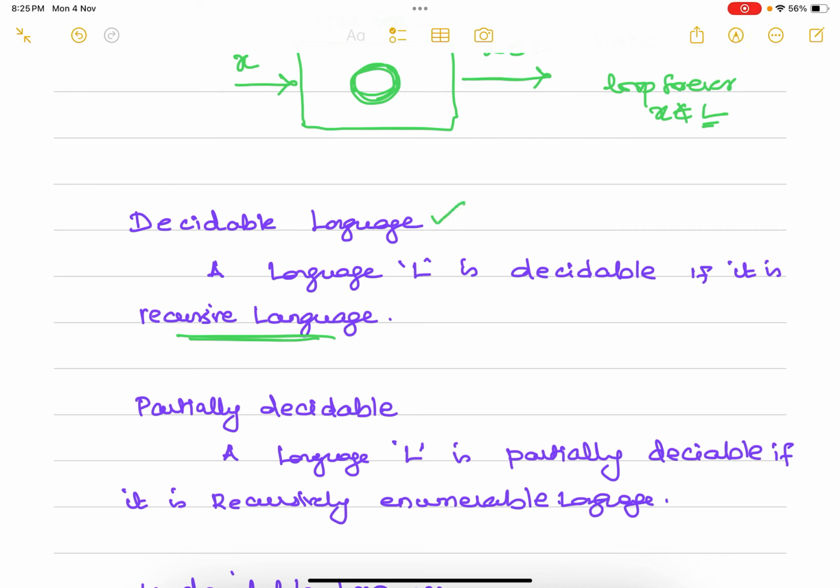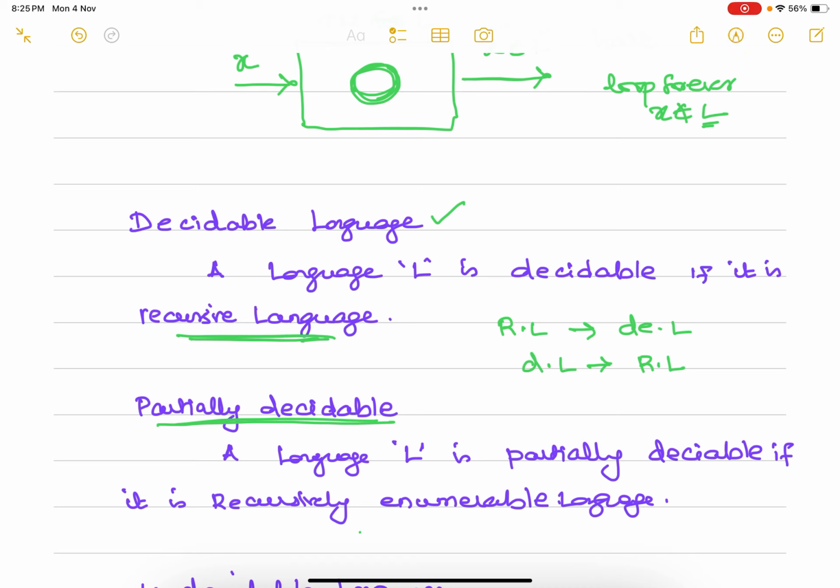Before undecidable, you have something called a partially decidable language. A language is partially decidable if it is recursively enumerable. So here we say a language is decidable if it is recursive language. So all recursive languages are decidable languages, and the vice versa is also true.